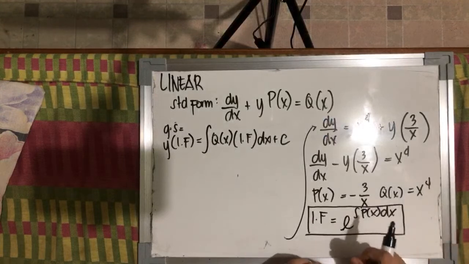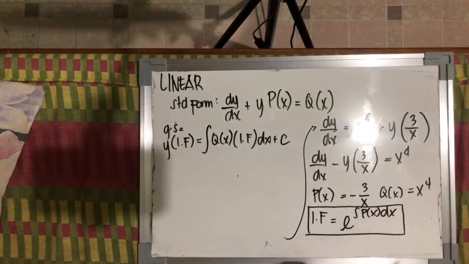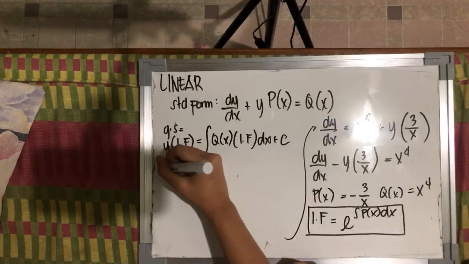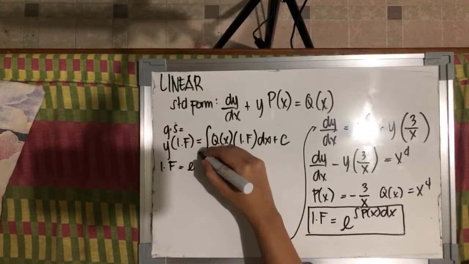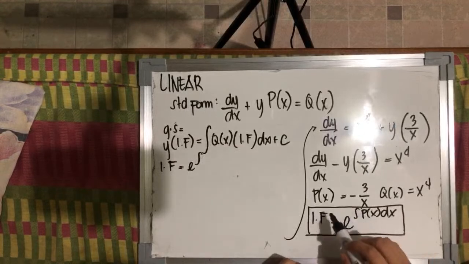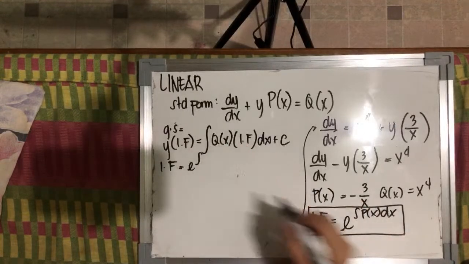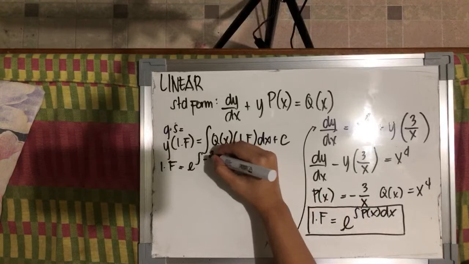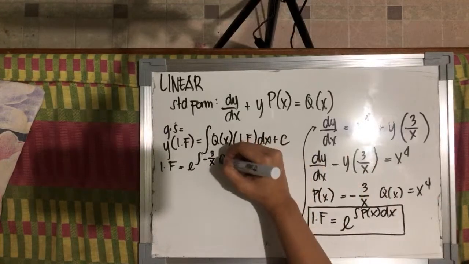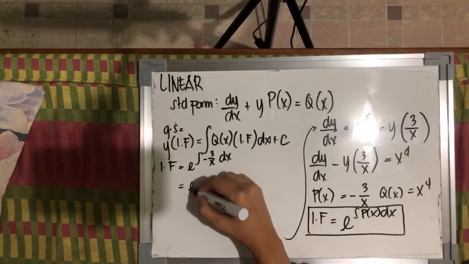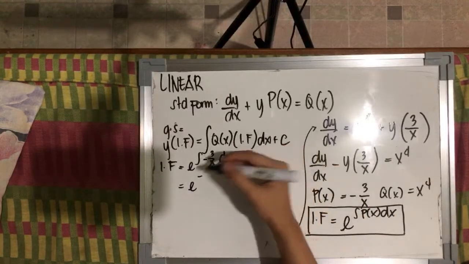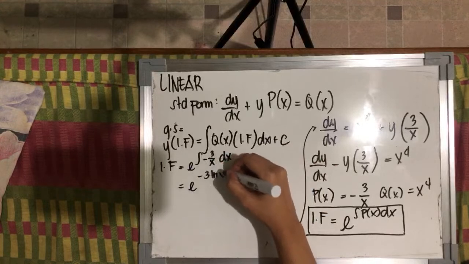Since this is our formula for the integrating factor, let's solve it first. Integrating factor is equal to e raised to the integral of p, which is negative 3 over x dx. This becomes e raised to negative 3 ln of x.